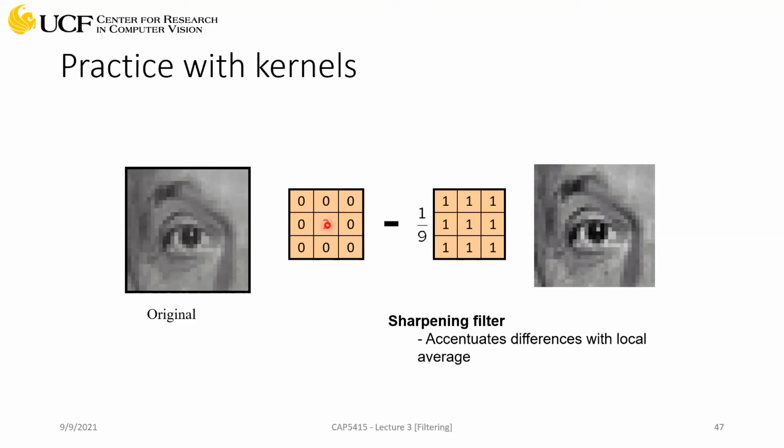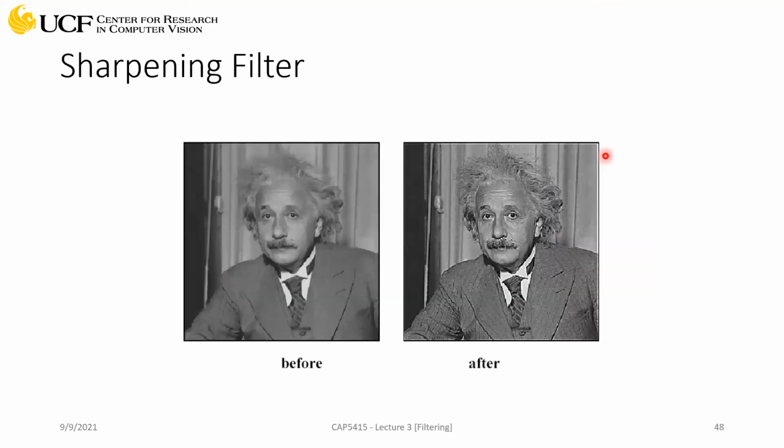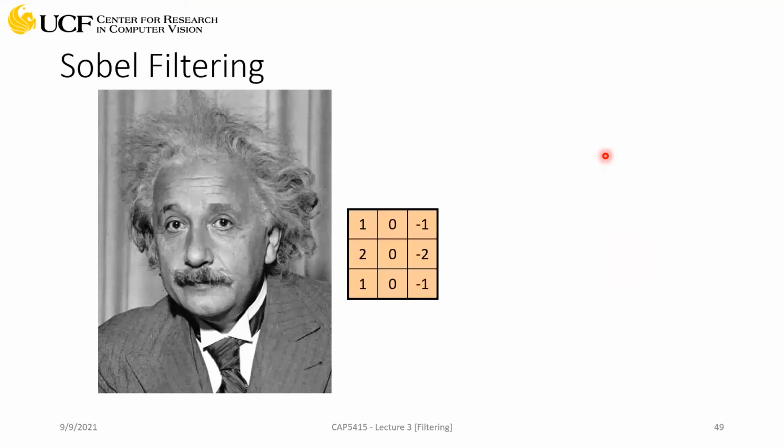So when you subtract those two, you are looking at how much the current pixel differs from the average of the neighborhood. And that difference is the resultant value. If the difference is high, then it will be high intensity. If the difference is low, it will be low intensity, right? That will increase the contrast. Okay, so that's called a sharpening filter.